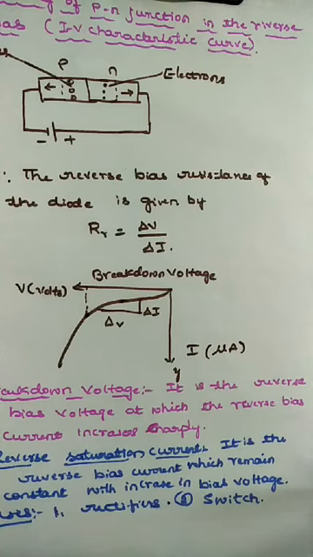It is also used as a switch. As I already said, when the PN junction is forward biased, it conducts current and acts like a closed switch. When it is reverse biased, it does not conduct current and behaves like an open switch.